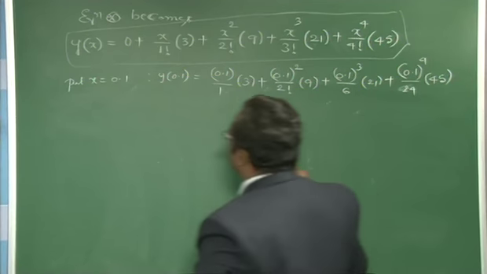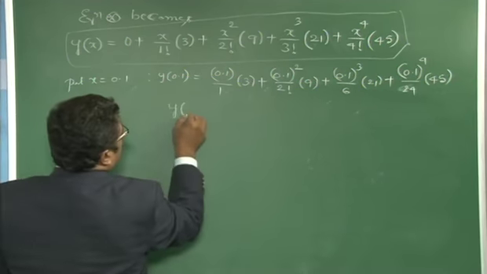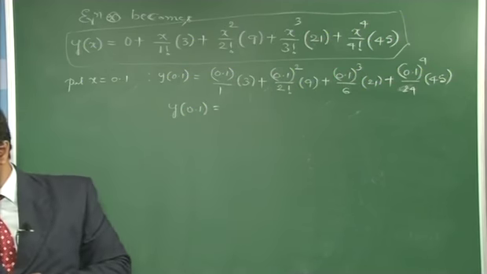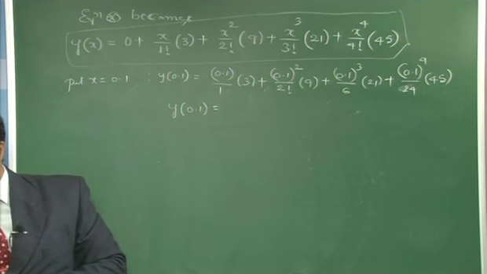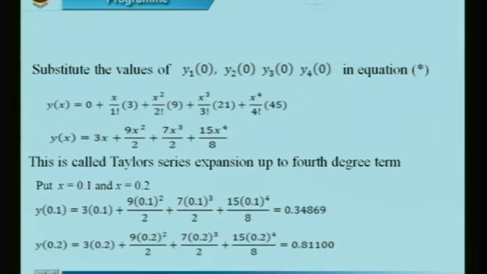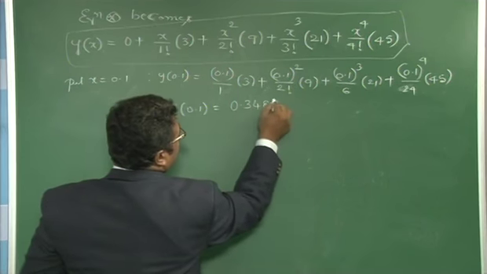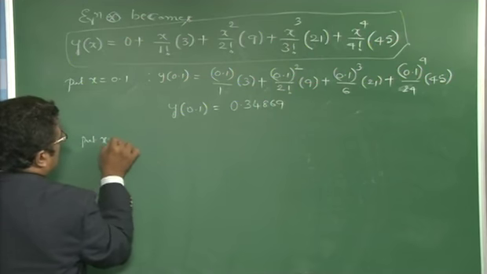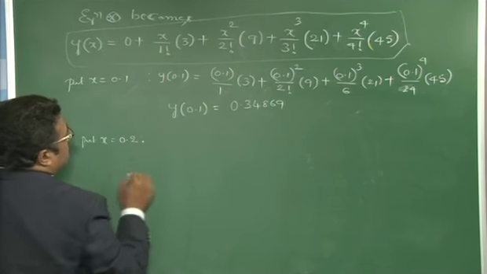And again using your calculator, it will give the corresponding value at 0.1. So I think you got 0.34869, and again put x equal to 0.2.